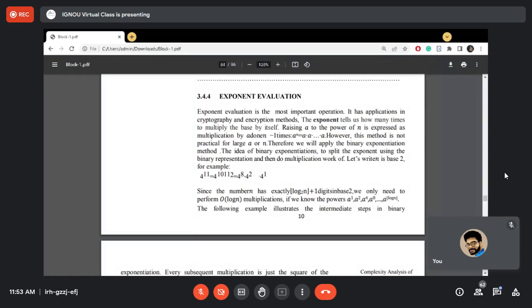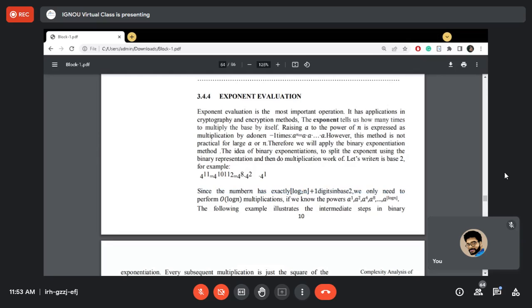To create an algorithm that will take a smaller number of operations. So the idea of binary exponentiation is to split the exponent using the binary representation and then do multiplication. Right? So that we can take a very small number of operations and get a lower complexity.